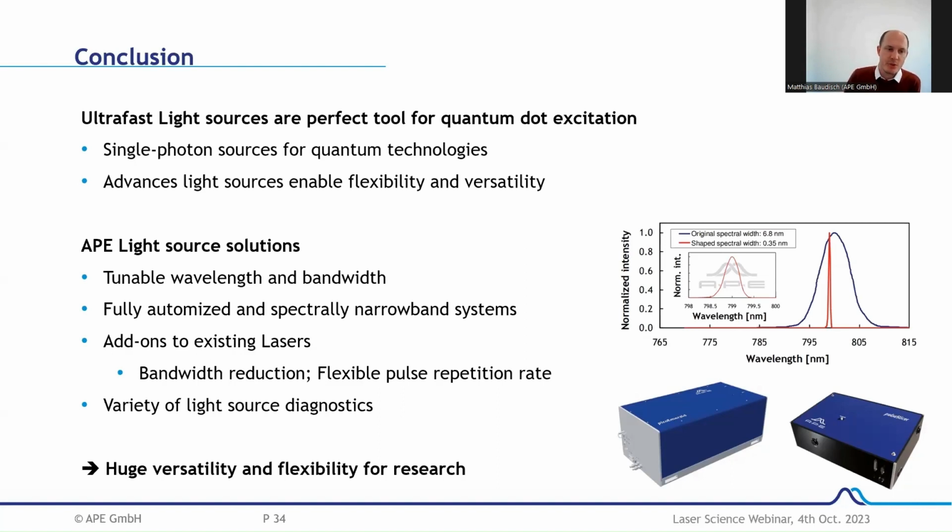And there are also a variety of diagnostic devices for the ultrafast light sources, which are especially interesting when the wavelength and bandwidth, and therefore pulse duration, is tunable. So all in all, these advanced light sources can give you huge versatility and flexibility for research.